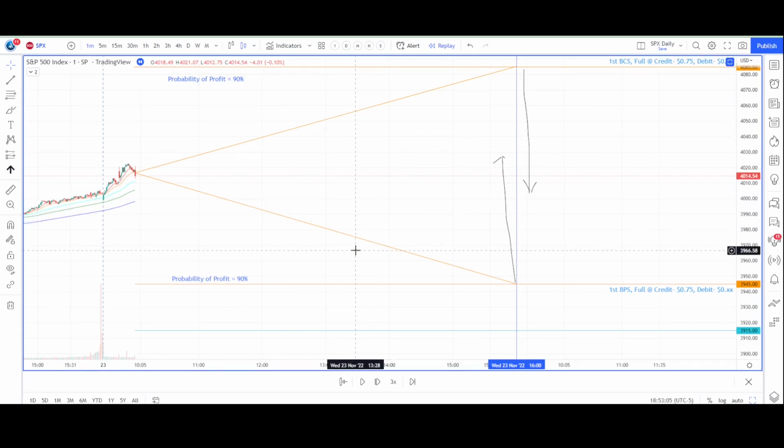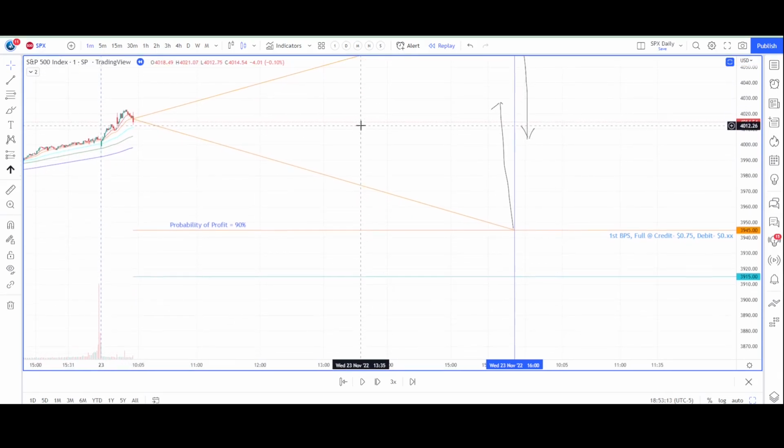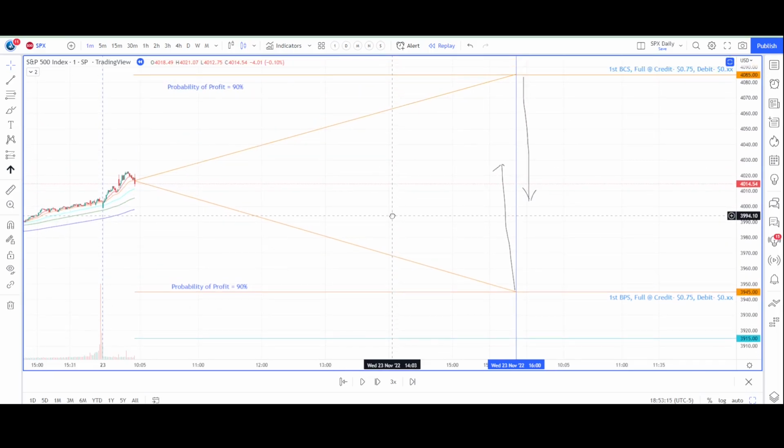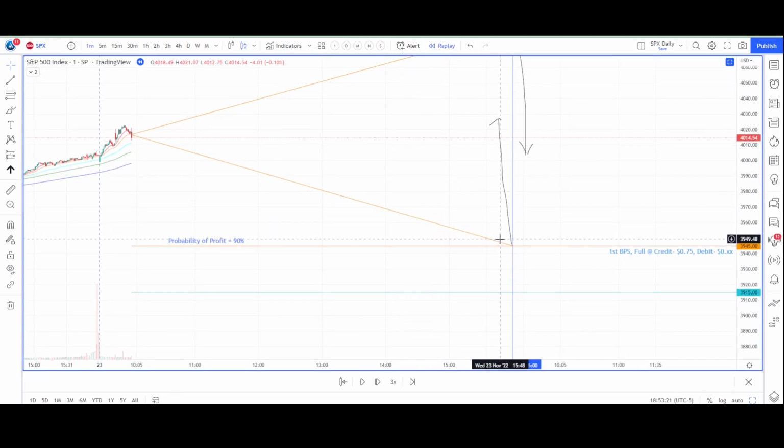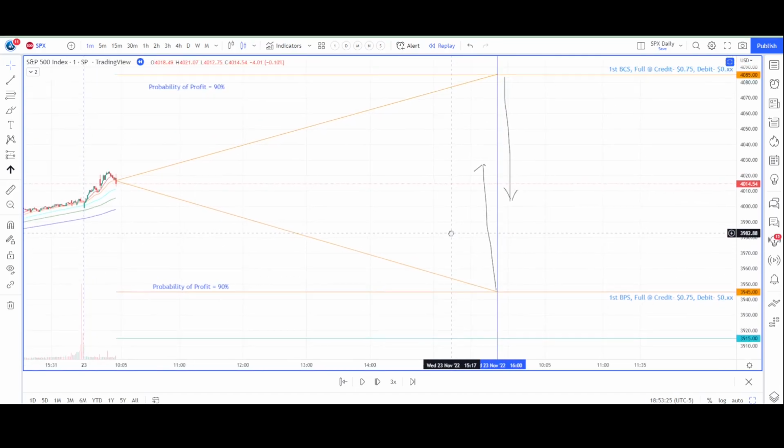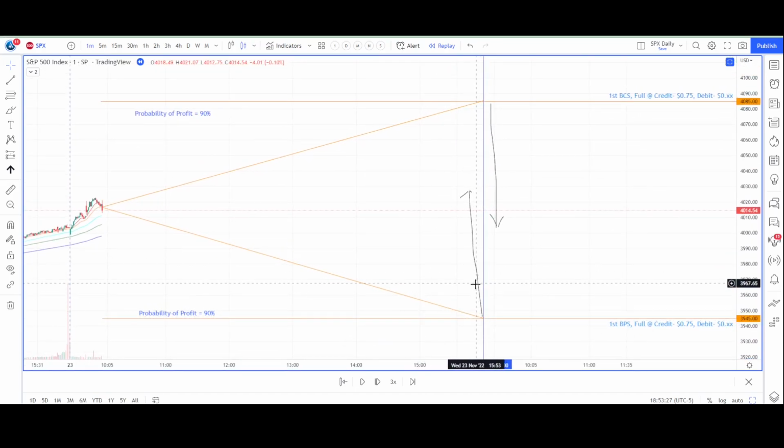Now that we have both spreads, let's take another look at our range of profit from the perspective of the bull put spread, but this time we actually do have the bear call spread in place. Looking at the range of profit for this bull put spread, instead of the range of profit going from 39.45 up to infinity, the range of profit now only goes from 39.45 to 40.85.